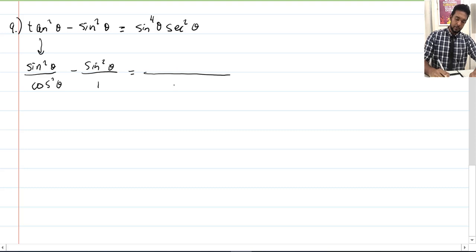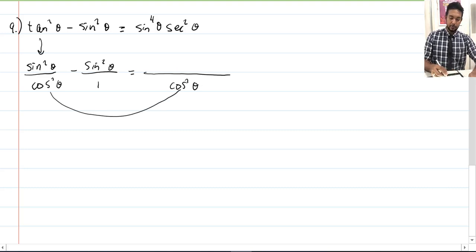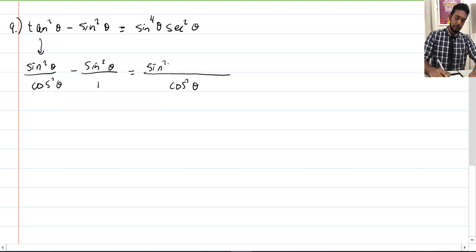So cos squared is the common denominator. Cos squared into cos squared goes 1. 1 by that numerator will give us back sine squared theta minus. Now 1 into cos squared will go cos squared times, and cos squared by sine squared will give us sine squared cos squared. So sine squared theta cos squared theta.